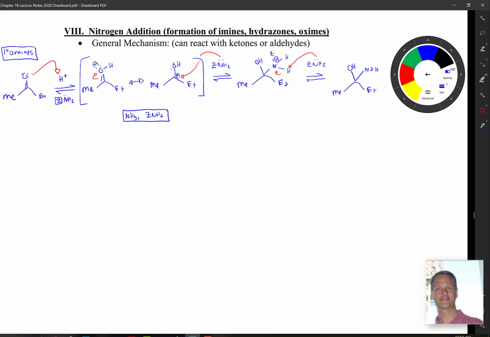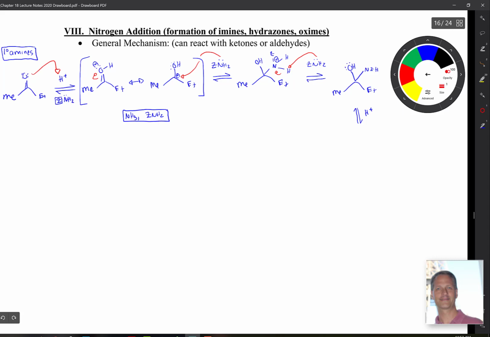So at that point in time, what we really want to do is get rid of our alcohol group, but we can't just kick it off right now because it would leave as hydroxide, and we're in an acidic solution. So instead, we're going to protonate this again. So you get another H plus in here.